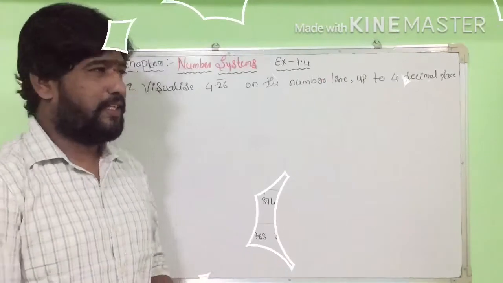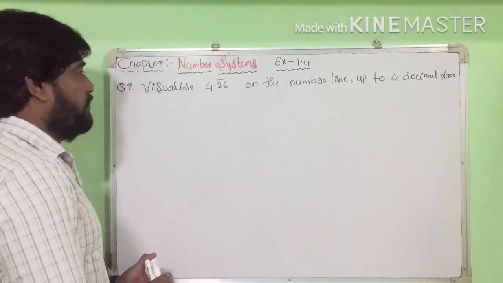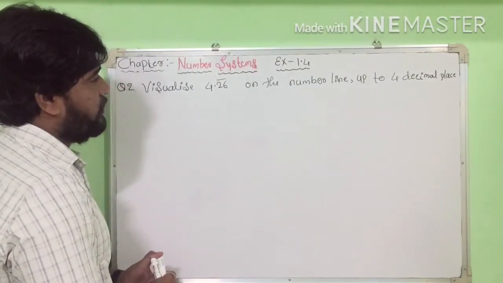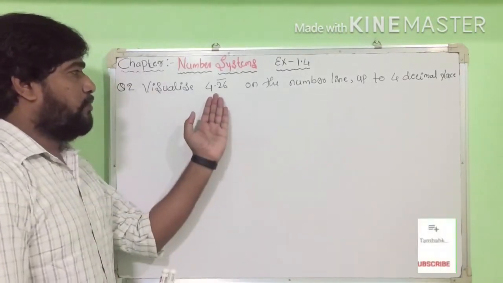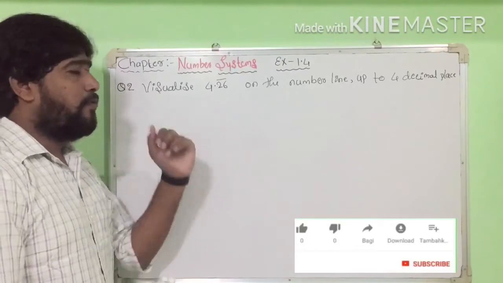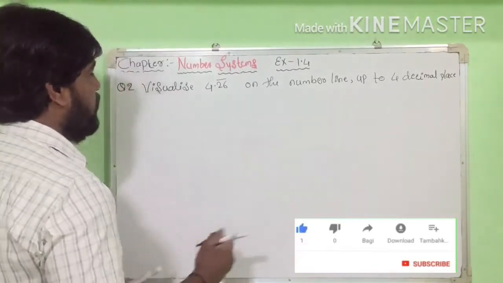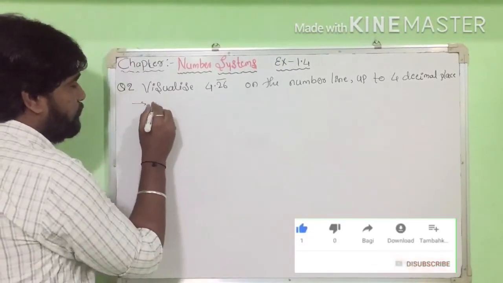Well, students, this is the last question of this exercise. The second one: visualize 4.26 on the number line up to 4 decimal places. So this number we want to show on a number line up to 4 decimal places.